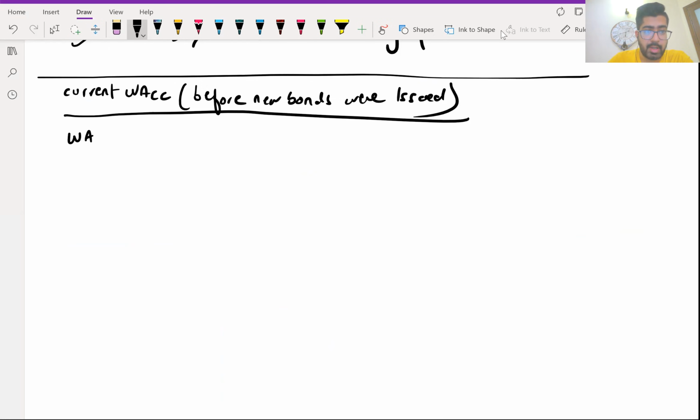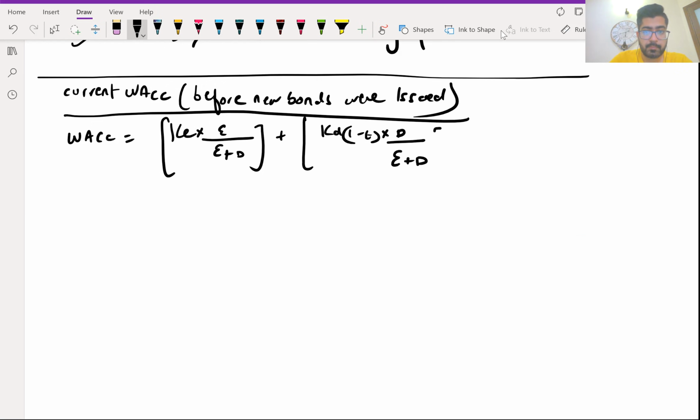Now I made the WACC equation that before new bonds are issued, the company has shares, equity, and debt. So it had to incur two costs, KE and KD(1 minus T), and all costs will be on their proportions. KE on equity proportion, E over equity plus debt, and KD(1 minus T) on debt proportion.